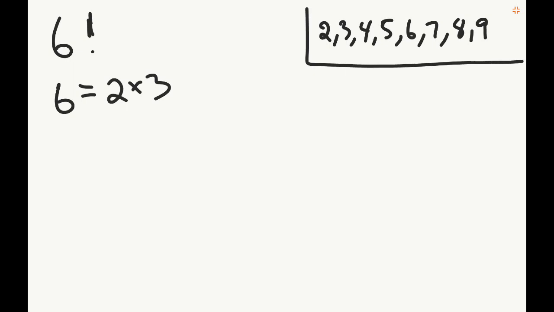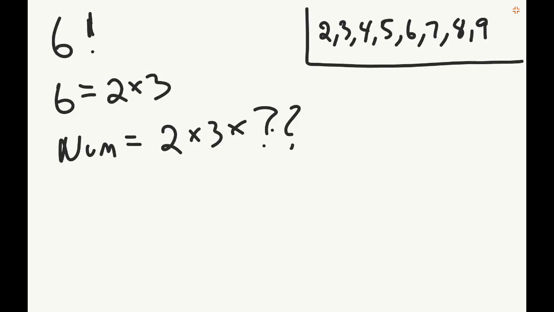So if 6 has a 2 and a 3 in it, then if you have a number that is made of both a 2 and a 3, so suppose you have some number equals 2 times 3 times something else, right? 2 times 3 could be written differently as 6 times something else. Okay, so you know your number is a multiple of 6.